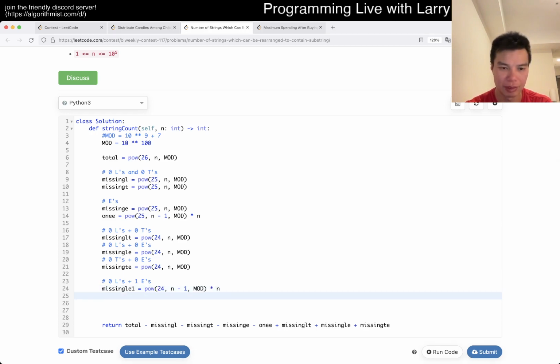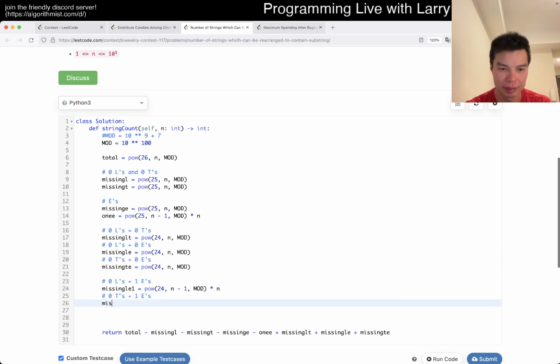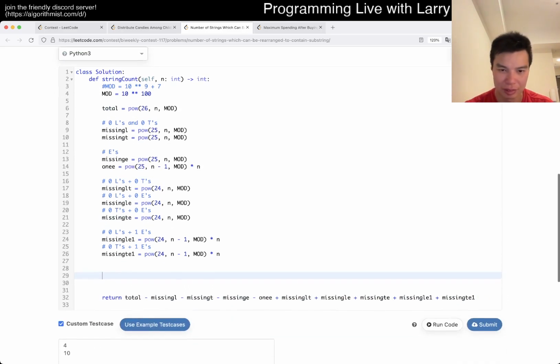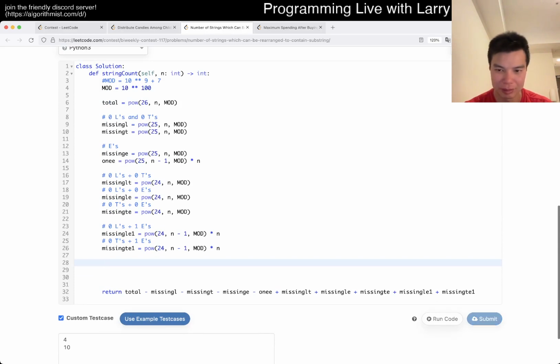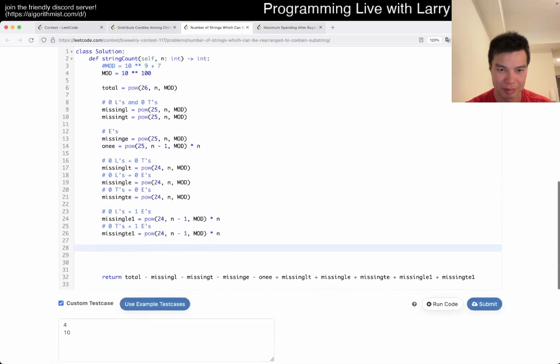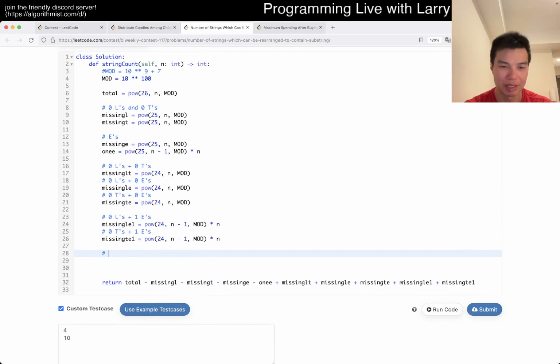Same thing for the T. Yeah, my notation is definitely very typo friendly. And then now we have to resubtract some stuff. That is ridiculous, the numbers, but okay, fine.